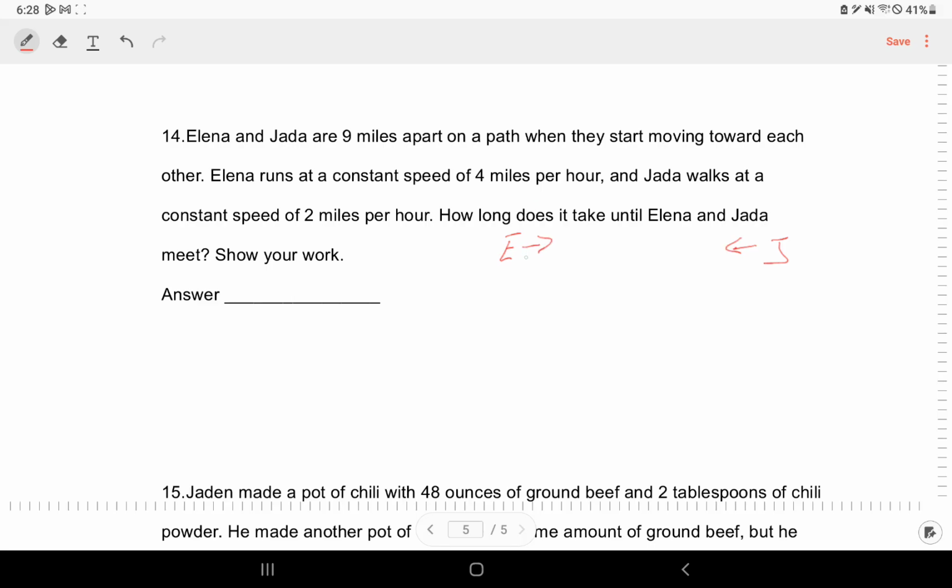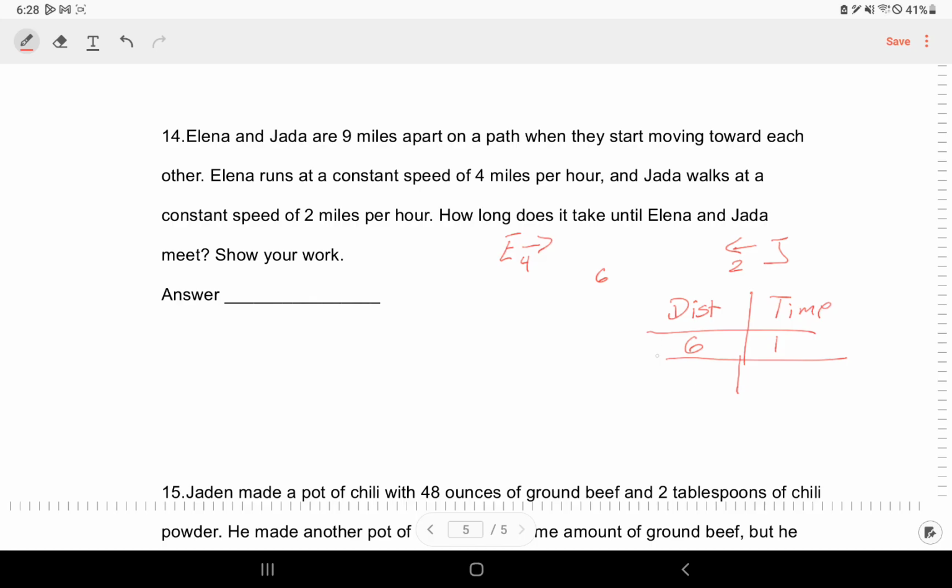So Elena runs at 4 miles per hour and Jada walks at 2 miles per hour. So that means they're closing at 6 miles per hour. So how long will it take them to get to each other? So, distance and time. So, 6 miles in 1 hour. We want to get to 9.